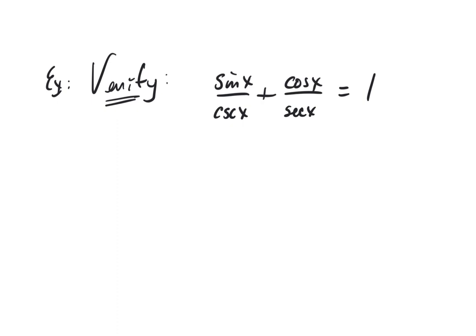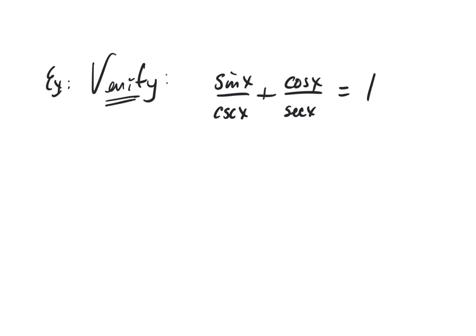And what we're going to challenge you to do is work one side of this equation until it looks exactly the same as the other side. And at that point, we would say that we have then verified that what we started with really was equal.